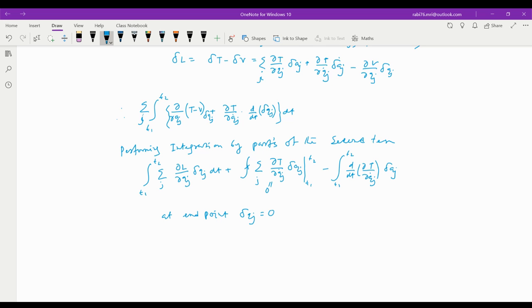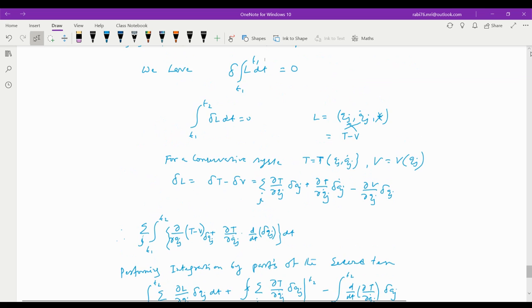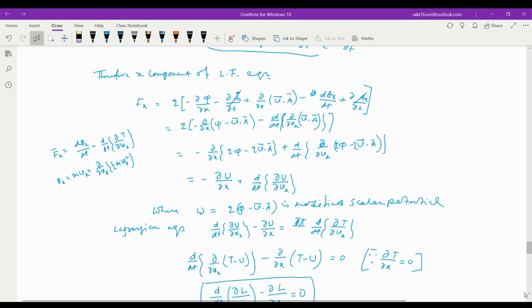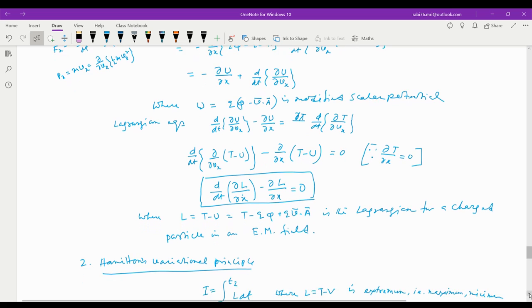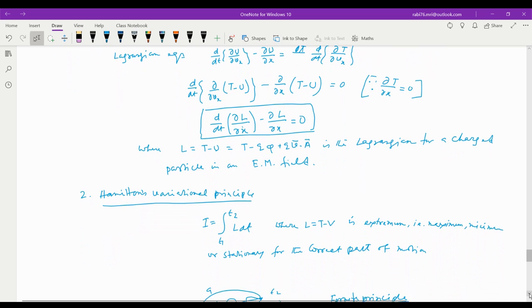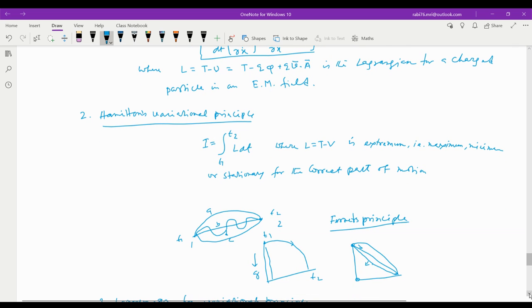You can see it from the graph, from the picture that I have drawn. From this figure, this is point t1 and this is point t2. So all the paths, these are different delta qj's, all meet here and meet here.